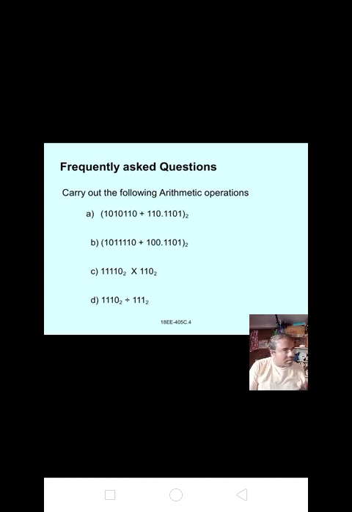Binary subtraction. We can change this and you can check here. Okay, see, simple problem. First of all you check the problem, then you can do some problems.